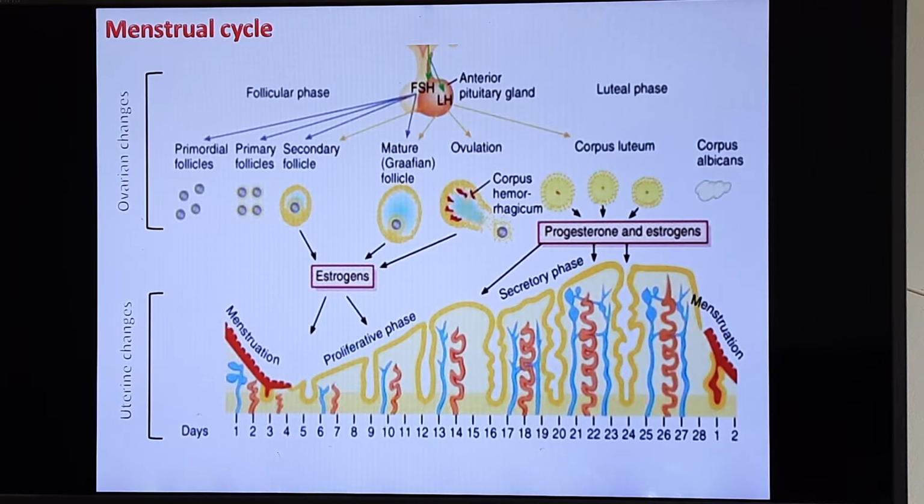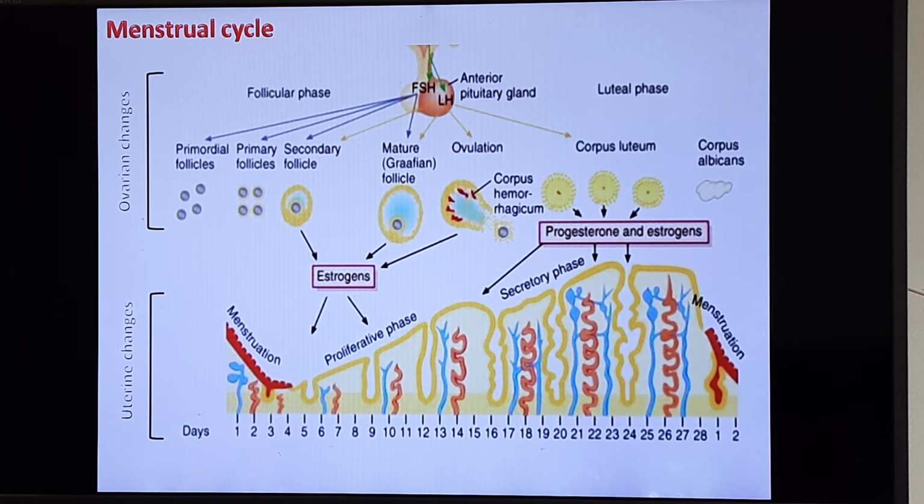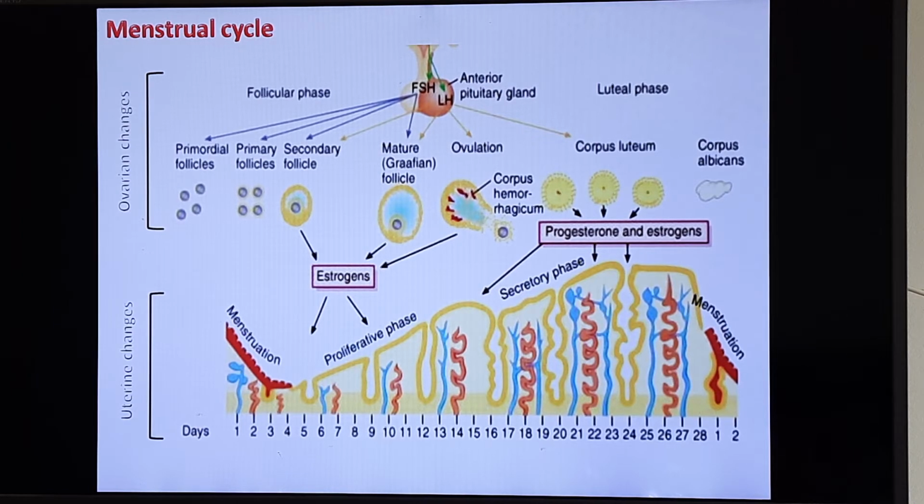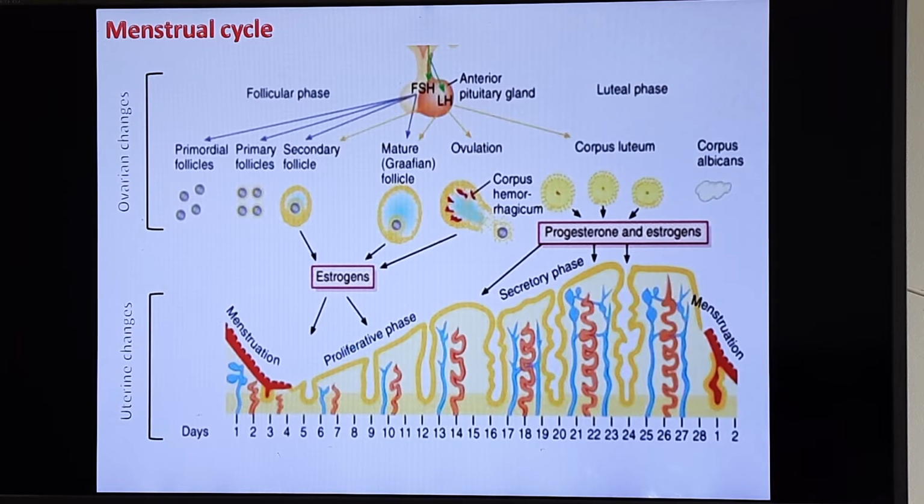This endometrial wall, blood cells, cell debris, and unfertilized ovum, all substances flow out from the uterus via the vagina outside the body. This is called menses, and this is how the menstrual phase starts.